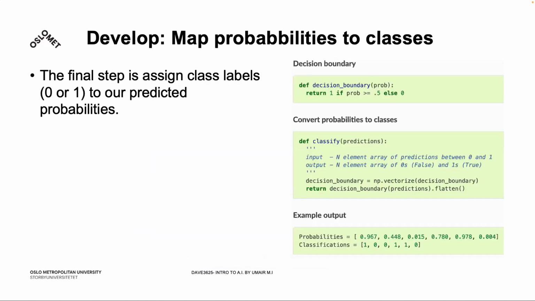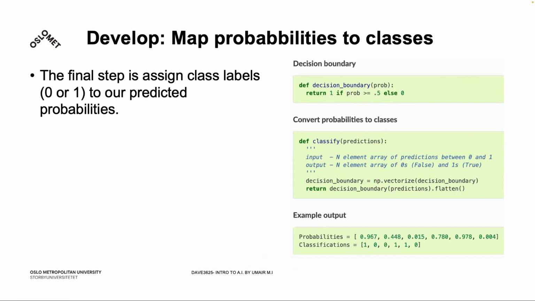So this is a very simple Python code. What we have done is, if the probability is greater than 0.5, return 1. If it's less, return 0. It's very simple.